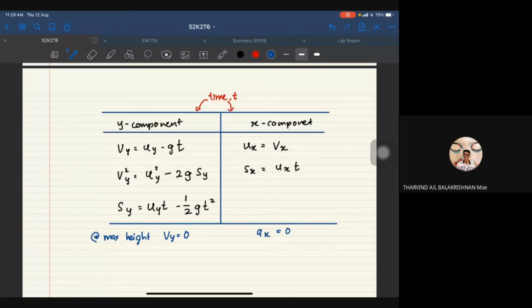Vy dekat maximum height is 0. ax will always be equals to 0. And lagi satu yang saya cakap tu, kalau same height, Uy punya magnitude will always be equals to Vy, but in opposite direction. So I put a magnitude there lah, in brackets. So direction different, but the magnitude will be equal.